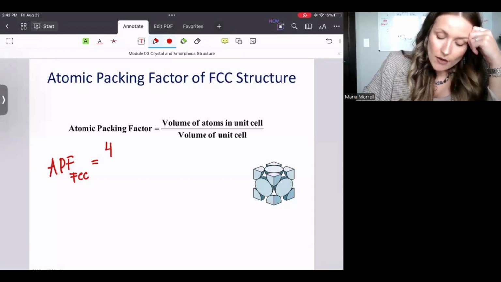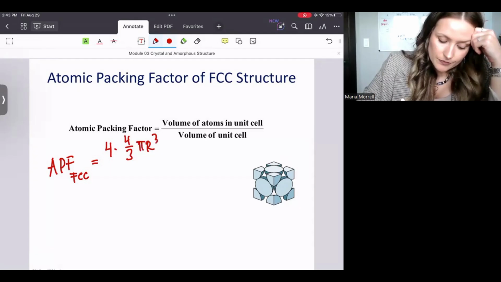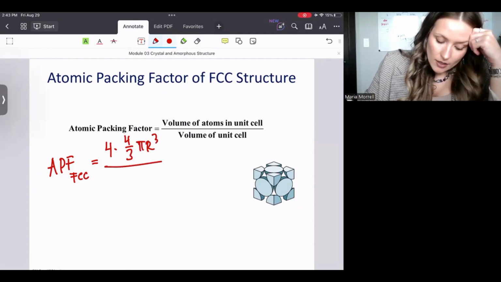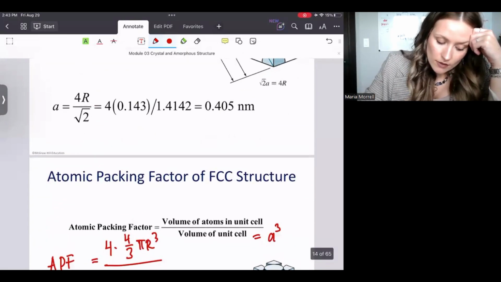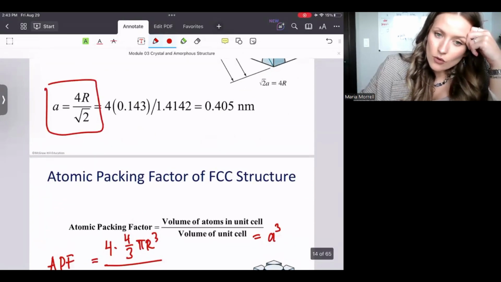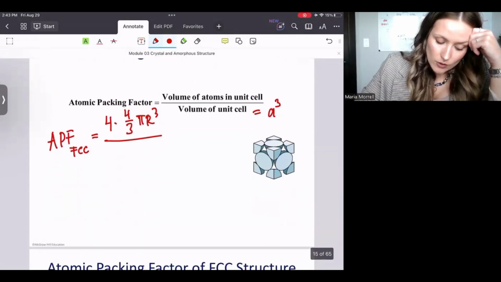Keep in mind this time I have 4. So it's going to be 4 times volume of the sphere divided by the unit cell, which is going to be divided by A cubed. And keep in mind your A is right in here. It's 4 radius divided by the square root of 2.